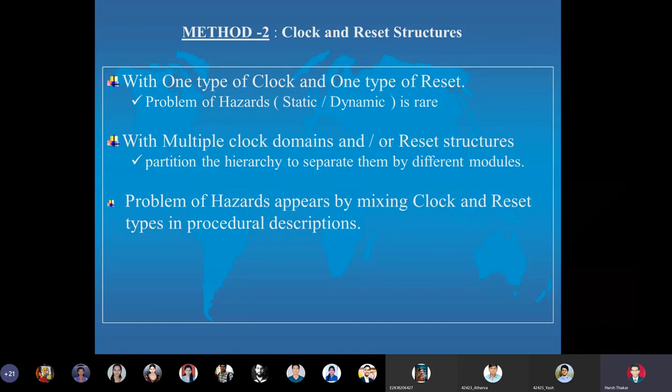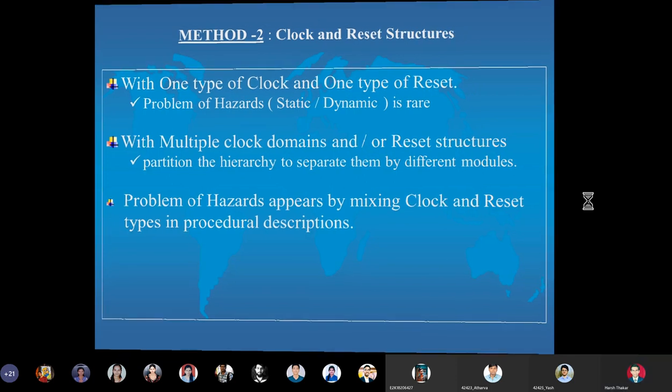So the second method for effective partitioning for synthesis advises one clock and one reset. And if it is not possible to have one clock and one reset, but you have multiple clocks and multiple resets, it is recommended that we put the different clock domains in a hierarchical kind of structure. That was method number 2.